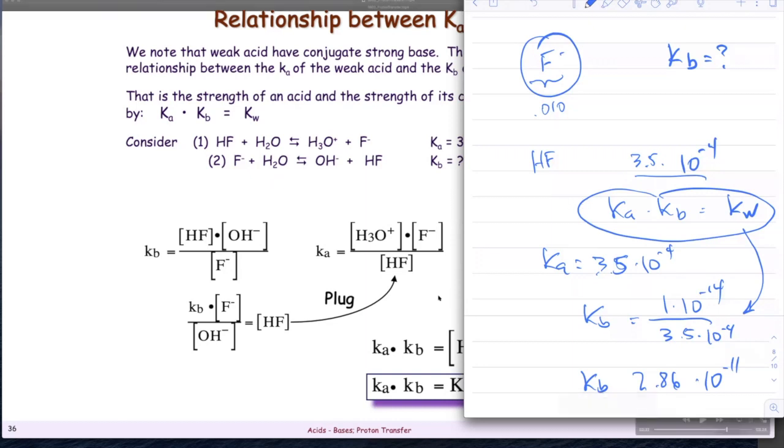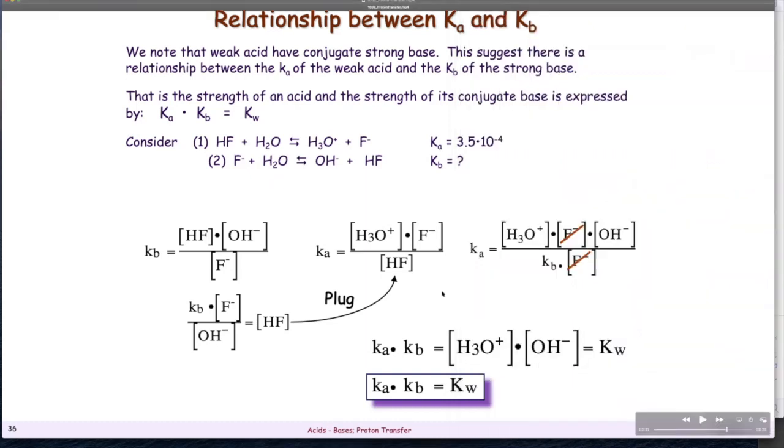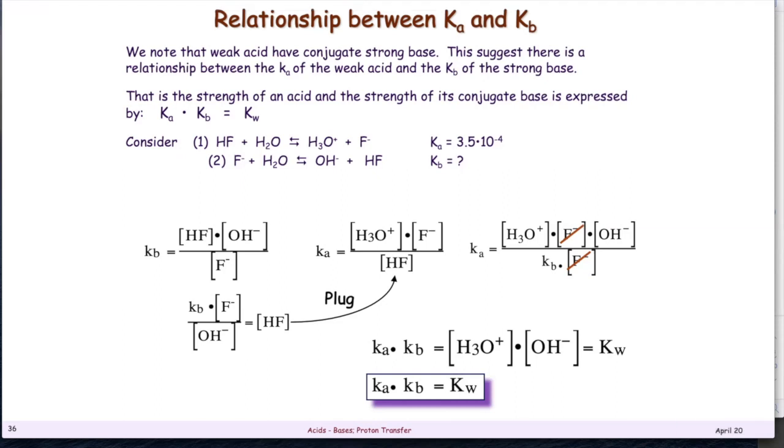Notice that 10 to the minus 11 and 10 to the minus 4 are sort of at opposite ends of the spectrum of 0 to 14. That's why I said that if you have a fairly strong weak acid, then the base is going to be a very, very weak base. And that's because of this relationship right here.